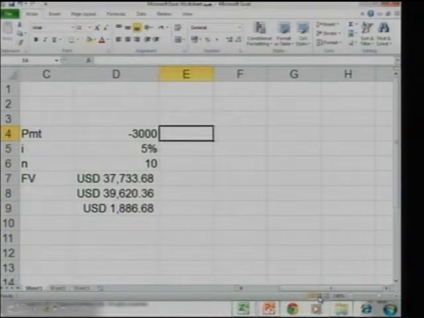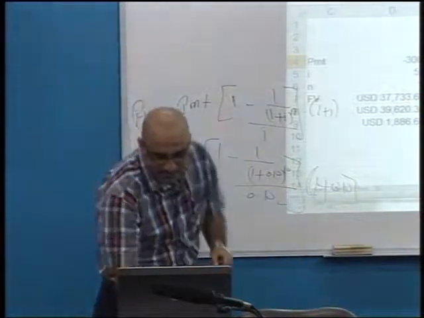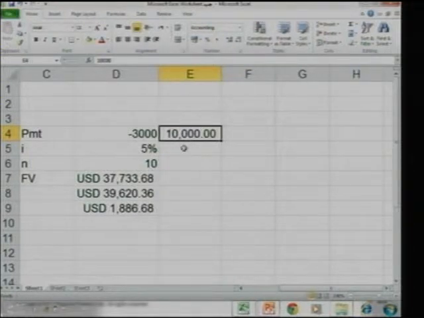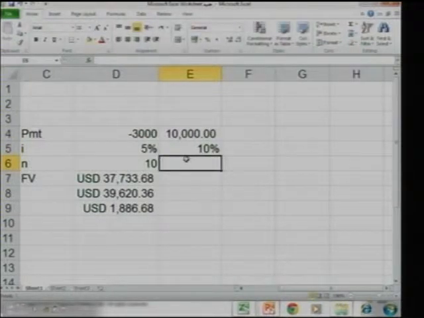So the payment is 10,000, I is 10%, and N is 10. Now we want to calculate the present value.